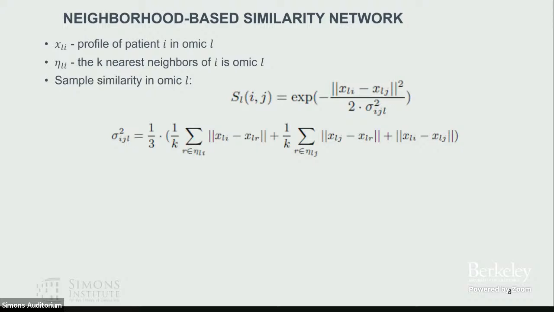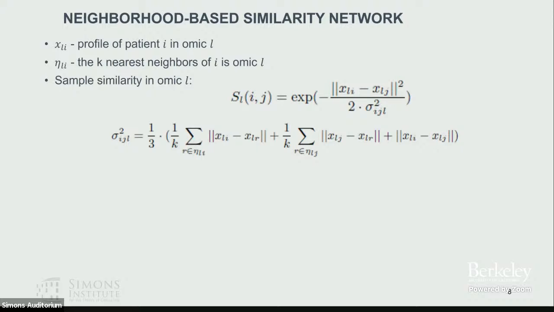So here is the setup. We look at a particular omic and at the profile of a particular patient. And then we want to compute the similarity of 2 patients in this omic.